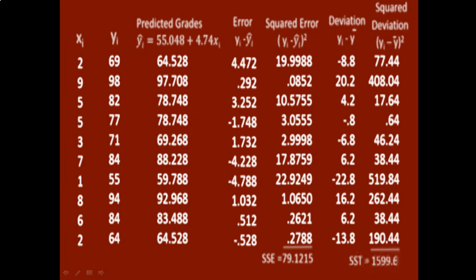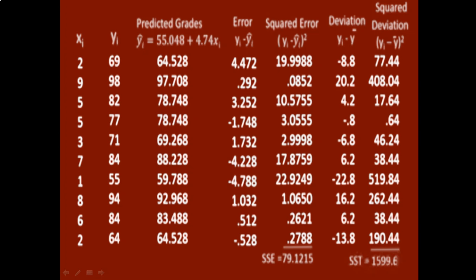The second table we will make is this table. The third column is predicted grades, and we will put the estimated regression line equation, and we find it y hat equal to 55.048 plus 4.74 xi.